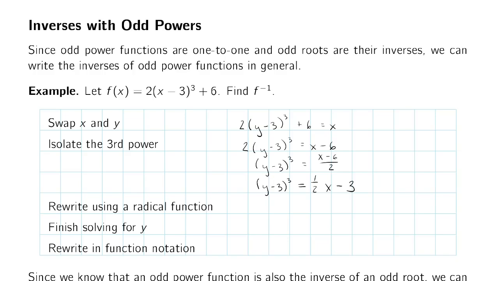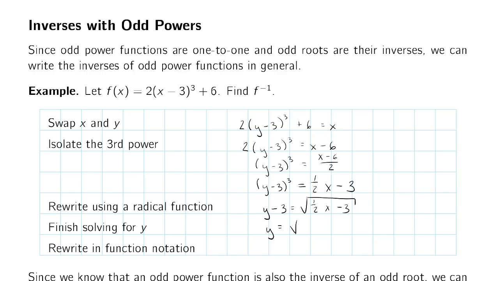We can now rewrite the third power in terms of the third root. Y minus 3 is the third root of a half x minus 3. And finally, to finish solving for y, in this case, we'll just add 3 to both sides.